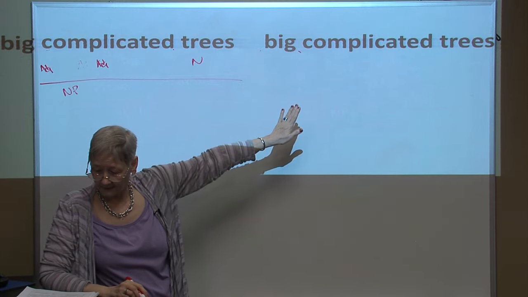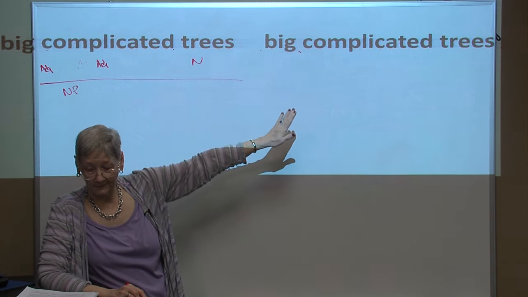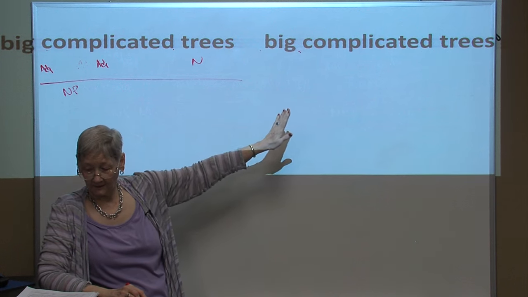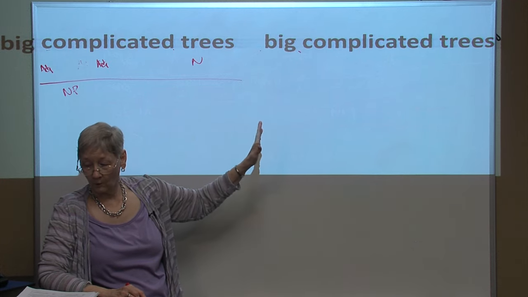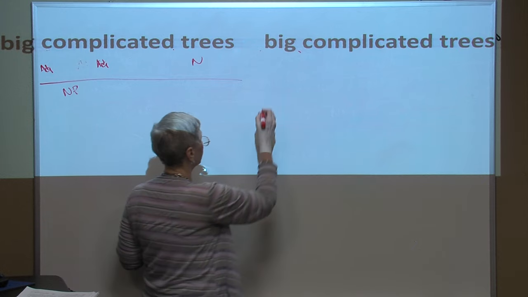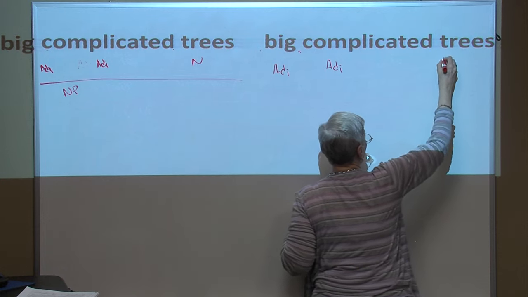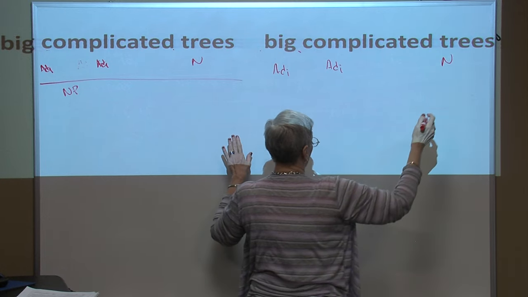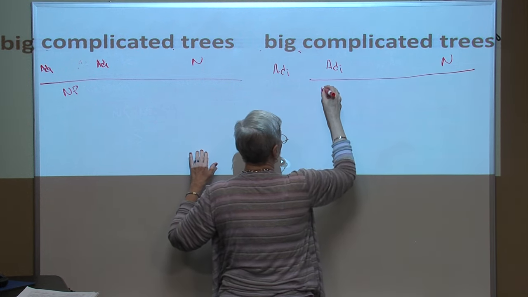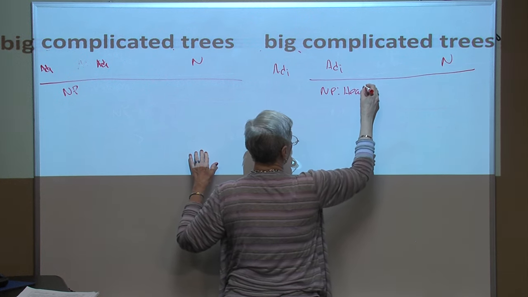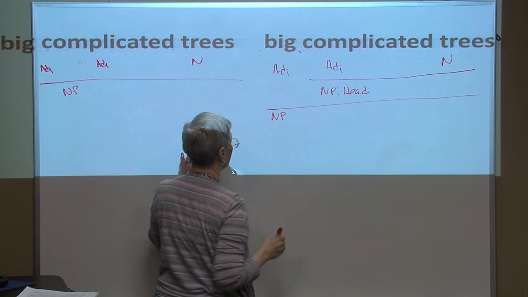In the second example, however, big modifies the noun phrase complicated trees, indicating only the complicated trees that are big to the exclusion of any other size of complicated trees, such as small or medium. So here we have adjective, adjective, noun. We have exactly the same lexical items, but now complicated trees forms the head of the noun phrase, big complicated trees.